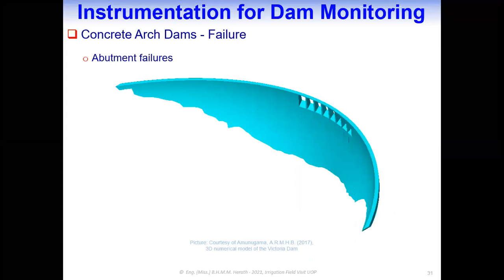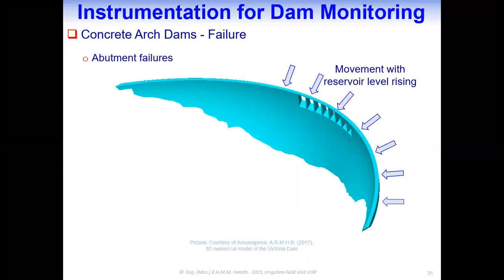this arch dam. So when the reservoir water level is rising, compressive forces develop within the dam body, and arching action transfers the compression forces to the abutments, and then the cantilever section passes the compression forces to the foundation.